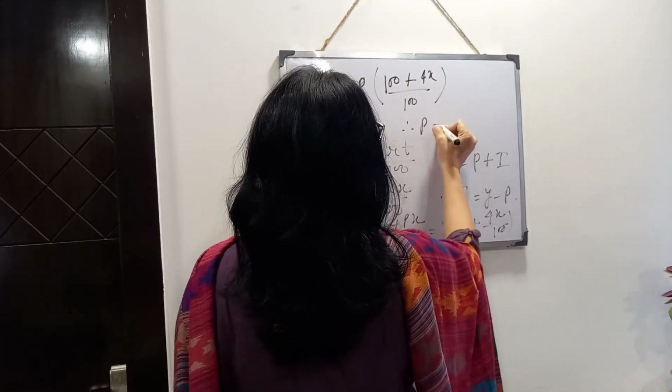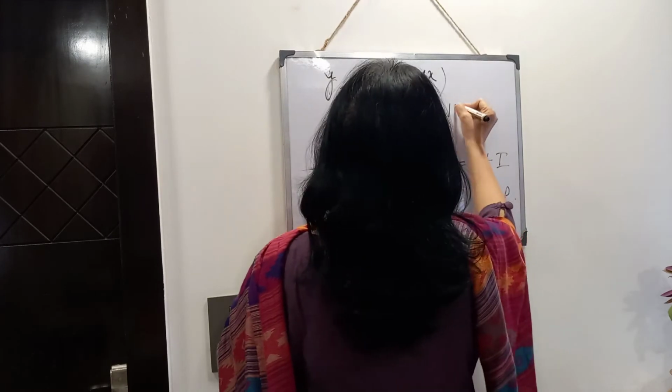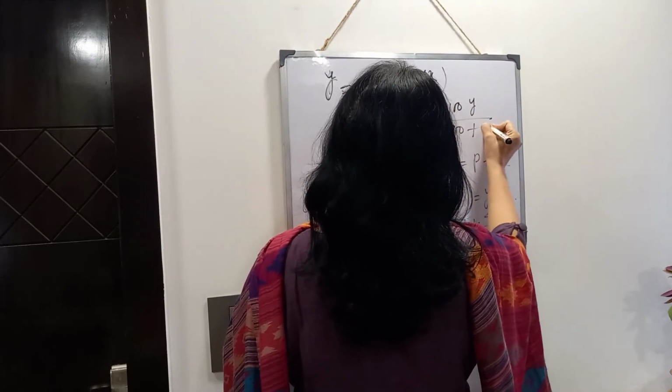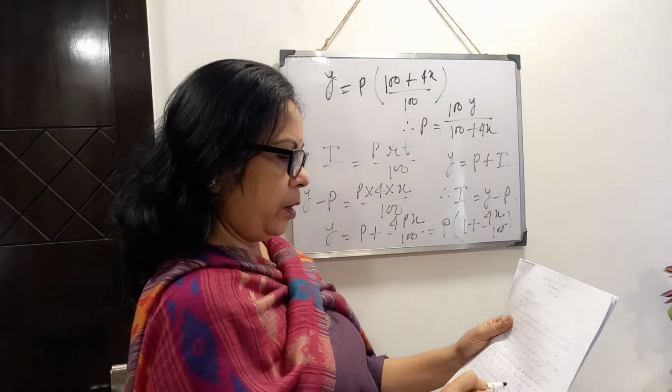Therefore, P is coming after cross multiplication 100y by 100 plus 4x. Option number 100y by 100 plus 4x. Option 3.